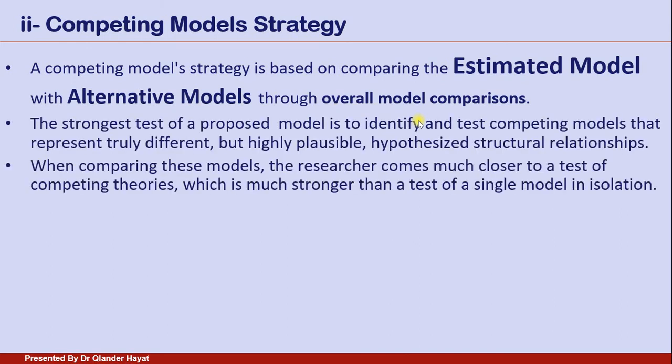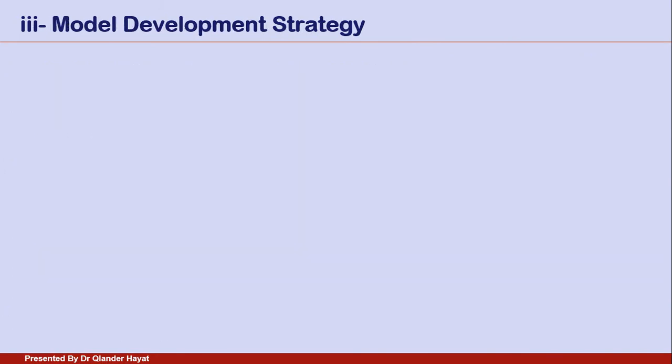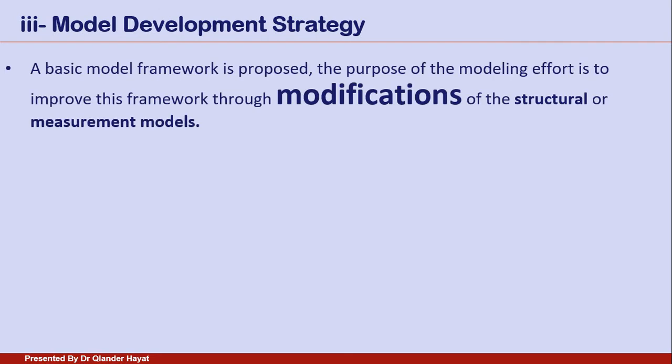It means first we develop a model, and after that we develop multiple other models, and then we compare these different models with each other, and the model that fits the data better is used. And the third is that we develop a model and after that modify it based on certain modifications.